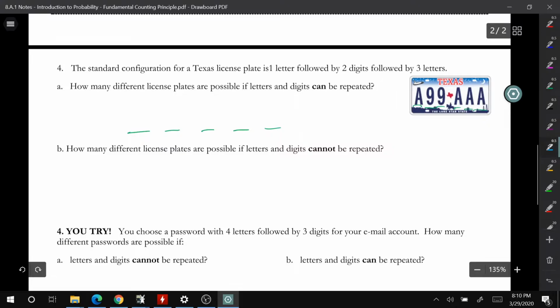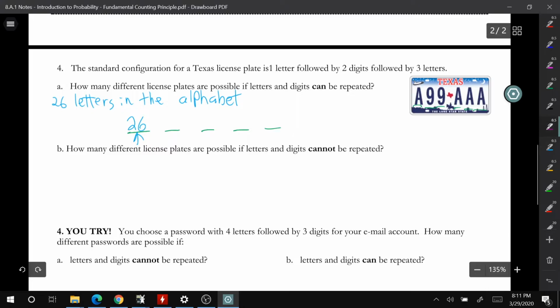So for the first one, we have to think about how many different options I could have there. I could have any letter of the alphabet, A, B, C, D, all the way up to Z. And remember, there are 26 letters in the alphabet. So I have 26 different options that could go first.